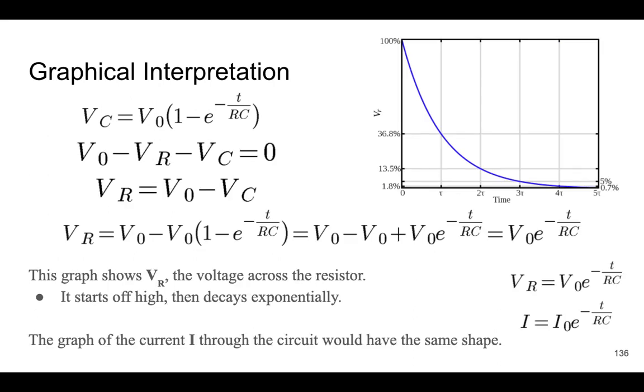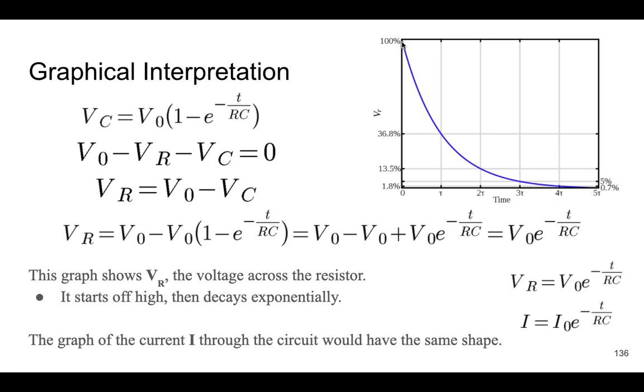So this graph is the voltage across the resistor as a function of time. Remember, the instant we closed the switch, the capacitor was acting like a short. So it was just letting current go through, which means we had basically the full current going through the resistor. So all of the voltage of the battery was across the resistor. So at t equals 0, the voltage across the resistor is 100%.